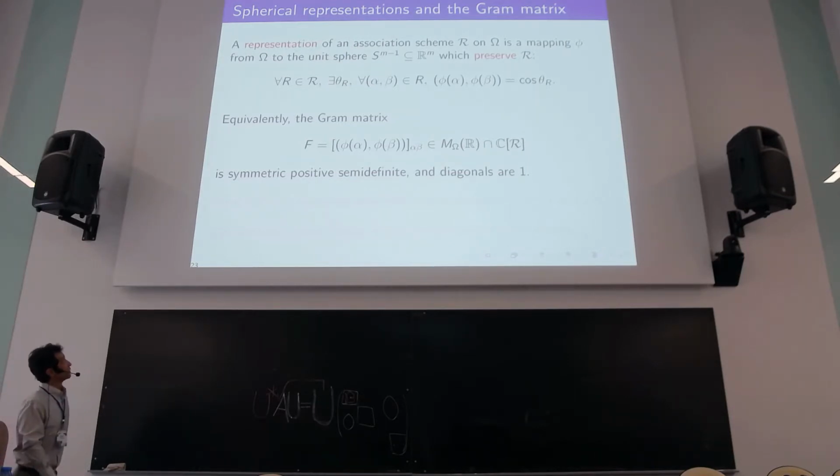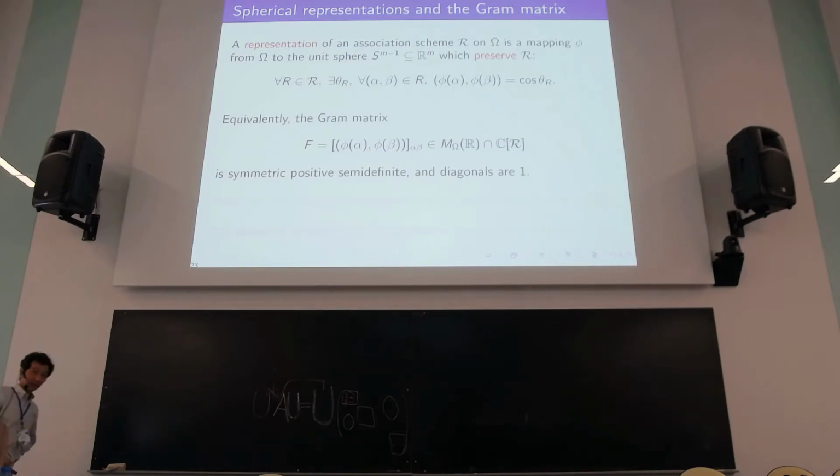Of course, that is true if you are given a representation. But conversely, if you are given a real symmetric matrix in the adjacency algebra which is positive semi-definite, and whose diagonals are 1, then it could be a candidate for a spherical representation. In fact, it is a spherical representation because of a standard fact in linear algebra called the Cholesky decomposition of a positive semi-definite symmetric matrix.